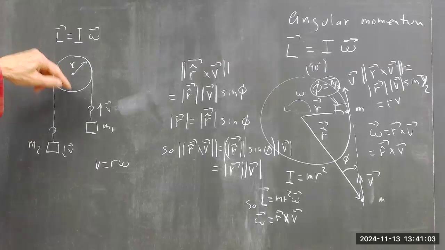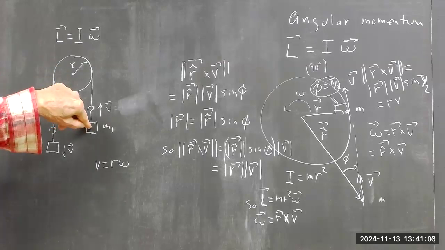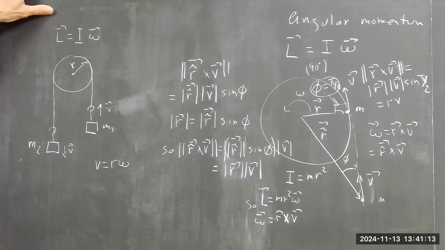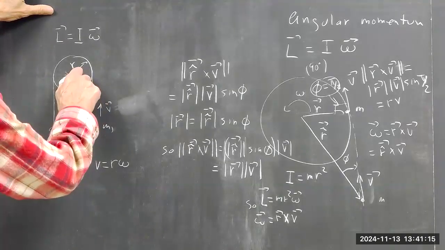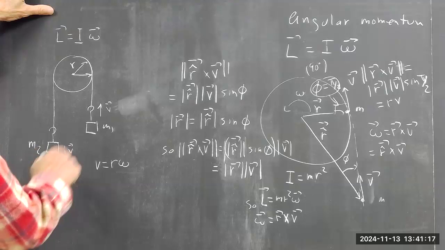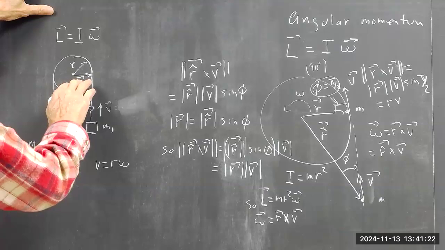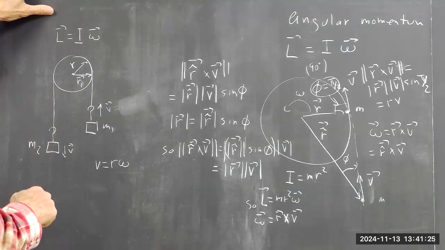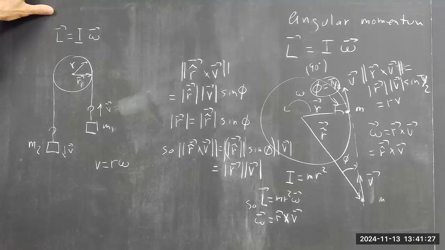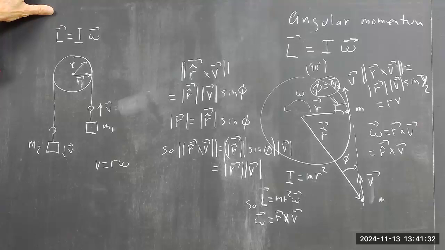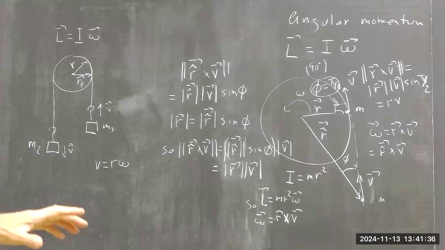The r cross v for this mass is in what direction? Well, for this mass, we could use the r vector here. Call that r1. And then a vector back up.